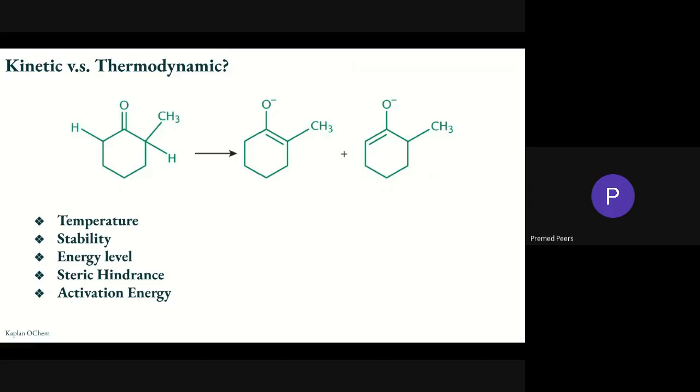And here's the thing that I want you guys to think about whenever you encounter these questions. When you look over these structures, think about the temperature. What is the temperature at which the reaction occurs? Usually it's given to you. They will tell you that they give a lot of heat, or they make the reaction go at 200 degrees Celsius, something like that.